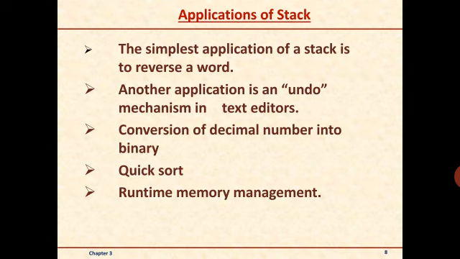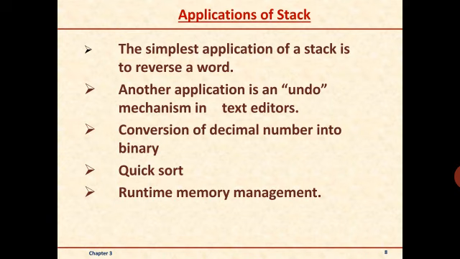Second, one more application is the undo mechanism. Usually, when we are typing some text in editors, we make certain mistakes. Then we immediately use the undo operation, meaning we will not keep all the changes; only the earlier changes will be retained.